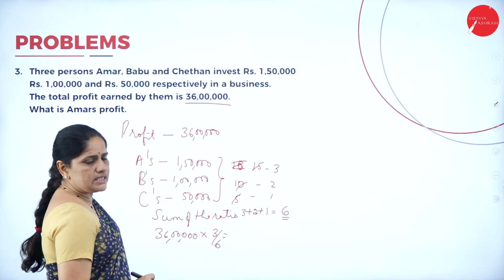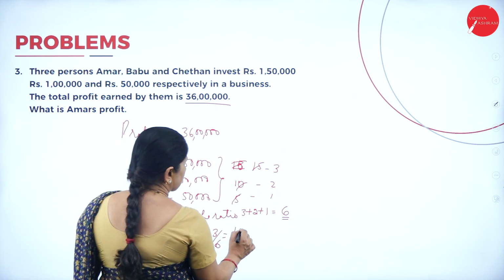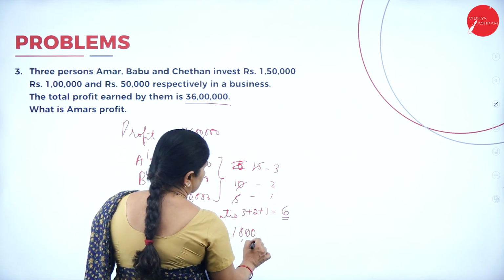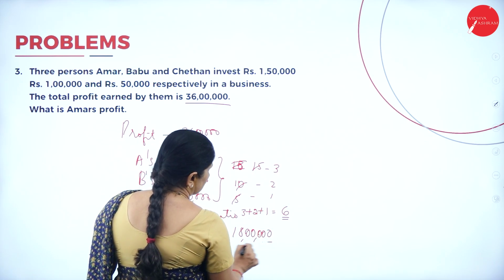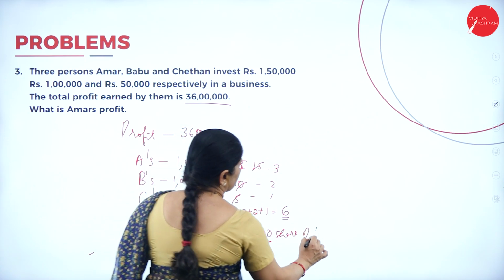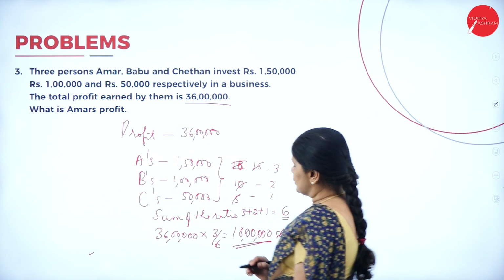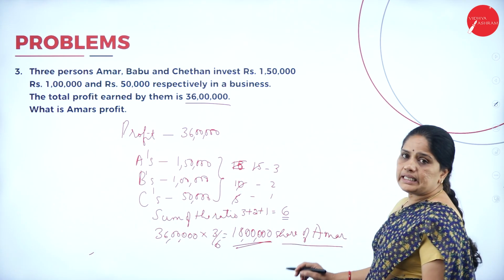So, 3 by 6, that is half of 36 lakhs. So, that comes up to 18 lakhs. So, this is the share of Amar. So, Amar's profit is 18 lakhs.